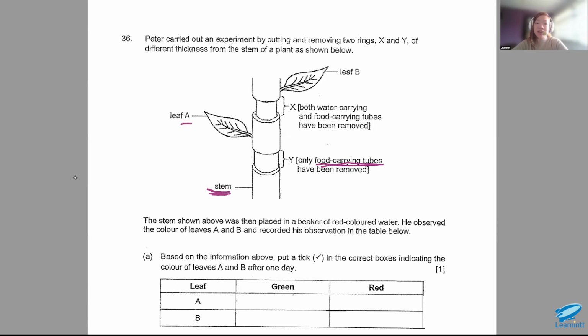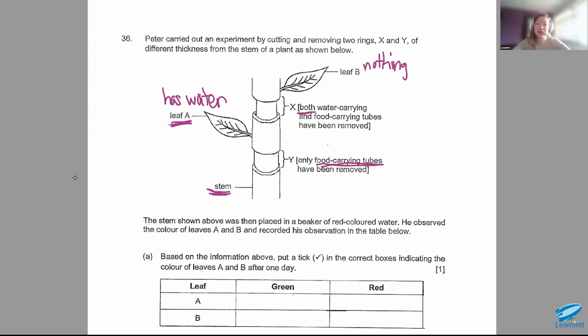And then we have leaf A, but can it still get water? Yes. So I'm going to put down has water. It's just no food. Then go further up over here at X, both water and food tubes have been removed. And then we have leaf B over here. Leaf B has nothing. No food, no water. It's probably going to die very soon.